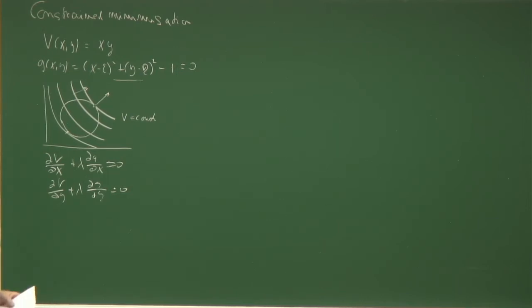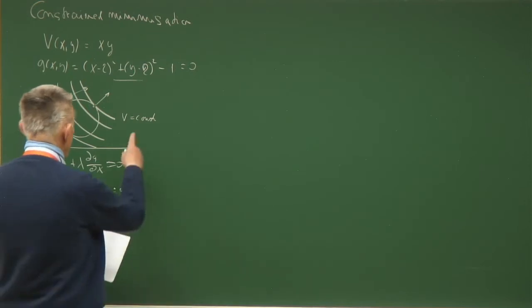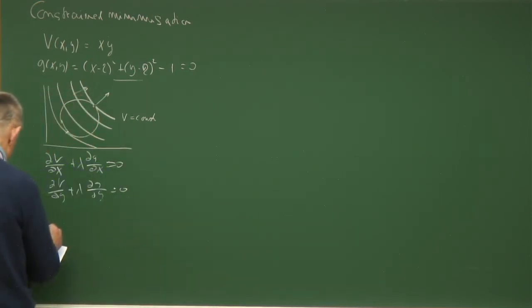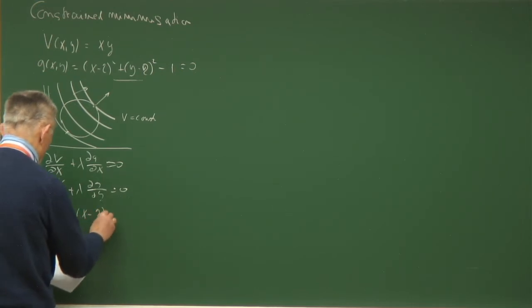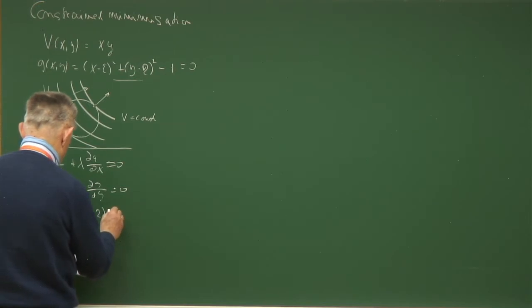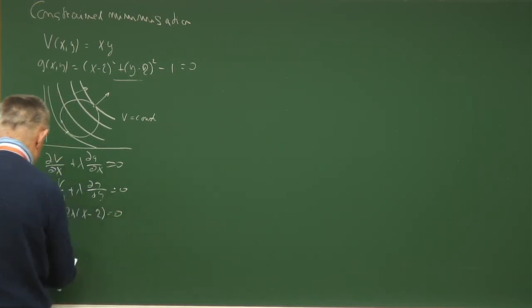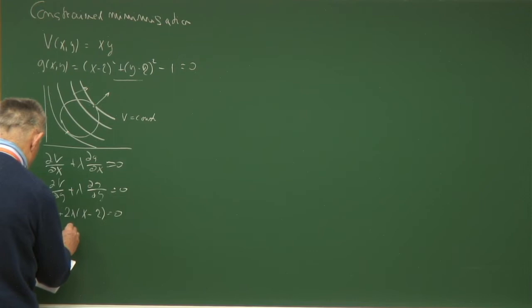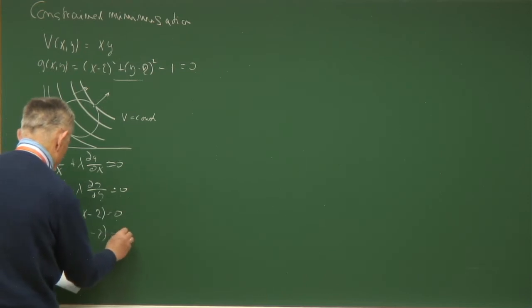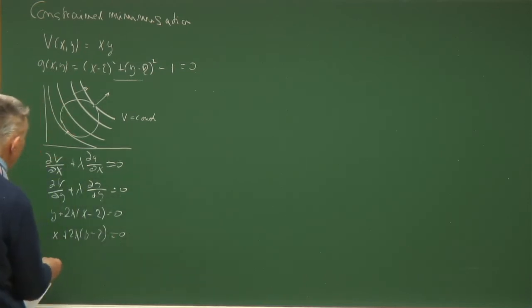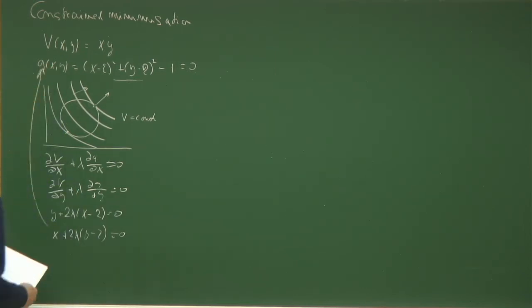So, applying this we get the following. y plus 2 lambda (x minus 2) equals to 0, and x plus 2 lambda (y minus 2) equals to 0. Plus this, of course.